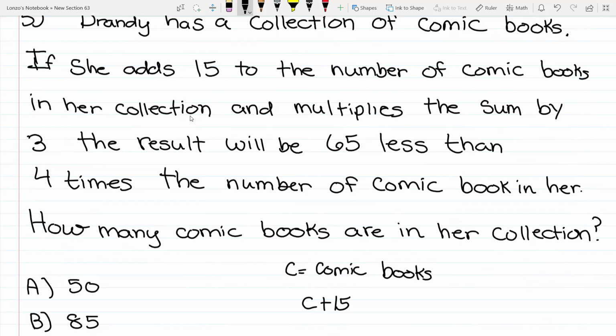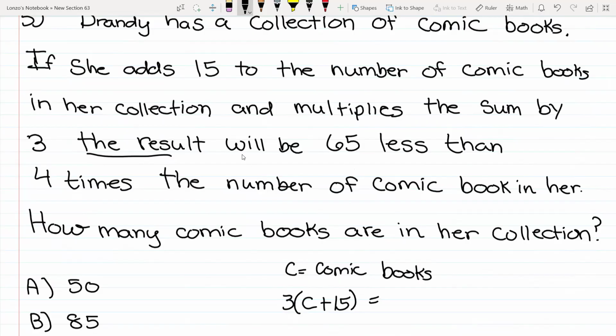If she adds 15 to the number of comic books in her collection and multiplies by the sum of 3, so basically we're multiplying this entire C plus 15 by 3, right? The result, what does that mean? It means equal. It will be 65 less than 4 times the number of her comic books.